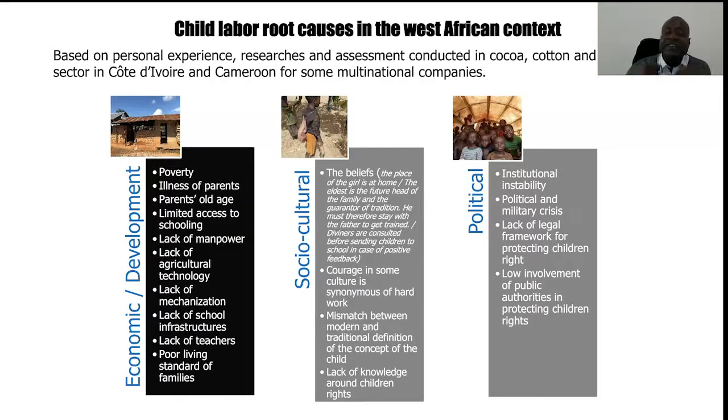So it's difficult to conduct agricultural tasks in time, and agricultural tasks are very hard. Since there is no mechanization, the need for manpower is very important and is increasing. Due to this fact, they are obliged to resort to children to help them in communities, on farms.